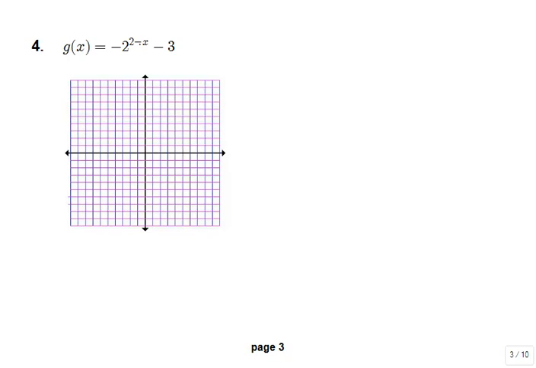The reason I know that I need to do that is if you look at this x up here, it has a coefficient that is not a 1. It has a coefficient of negative 1. So I need to factor this expression right here to get it into the proper form so that I can identify correctly what kinds of transformations I actually have.